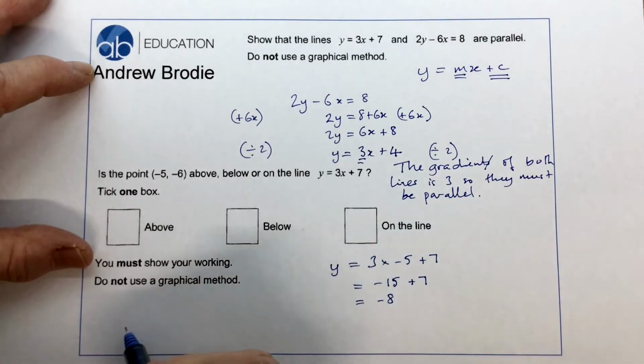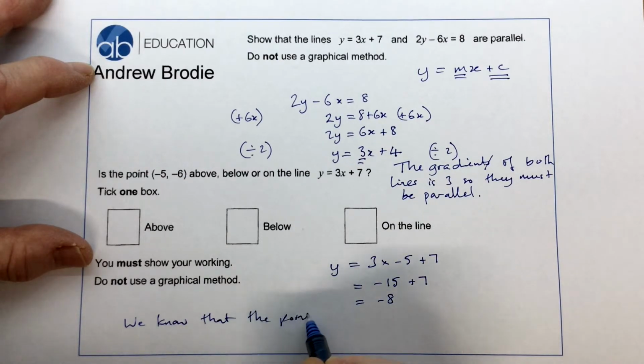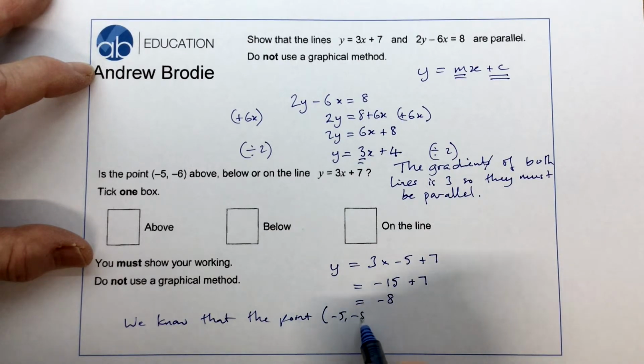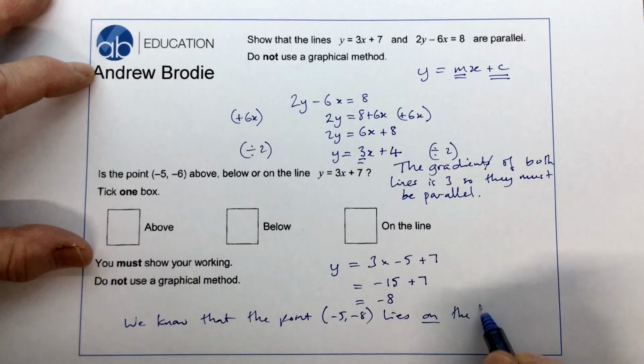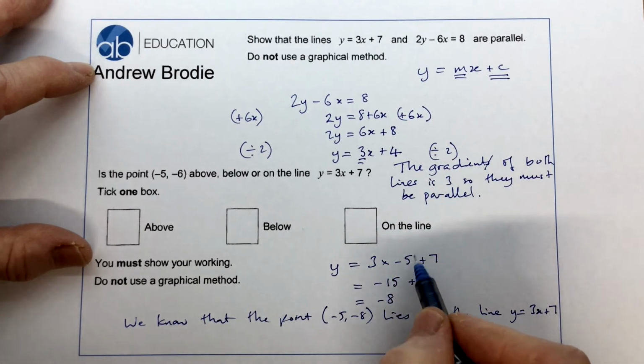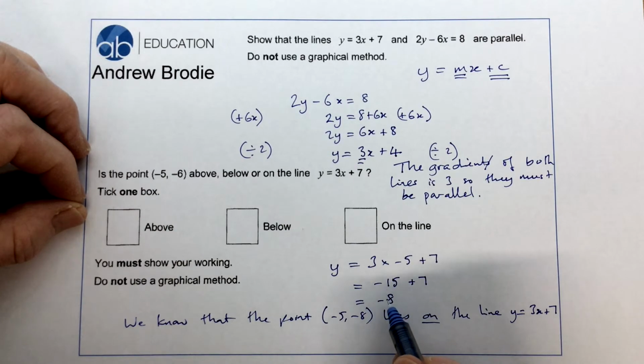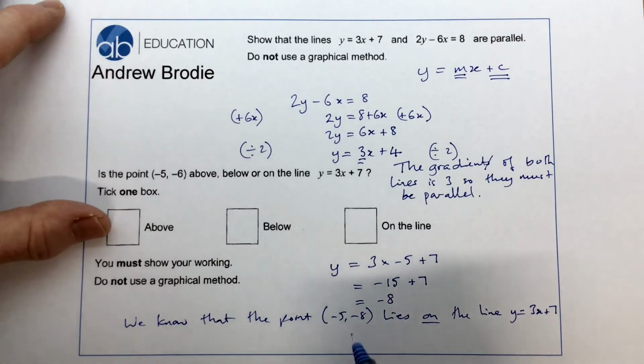And so we know that the point -5, -8 lies on the line y equals 3x plus 7. We know that because we put the value of -5 in as the x coordinate, and we found a y coordinate of -8. So the point -5, -8 lies on the line y equals 3x plus 7.